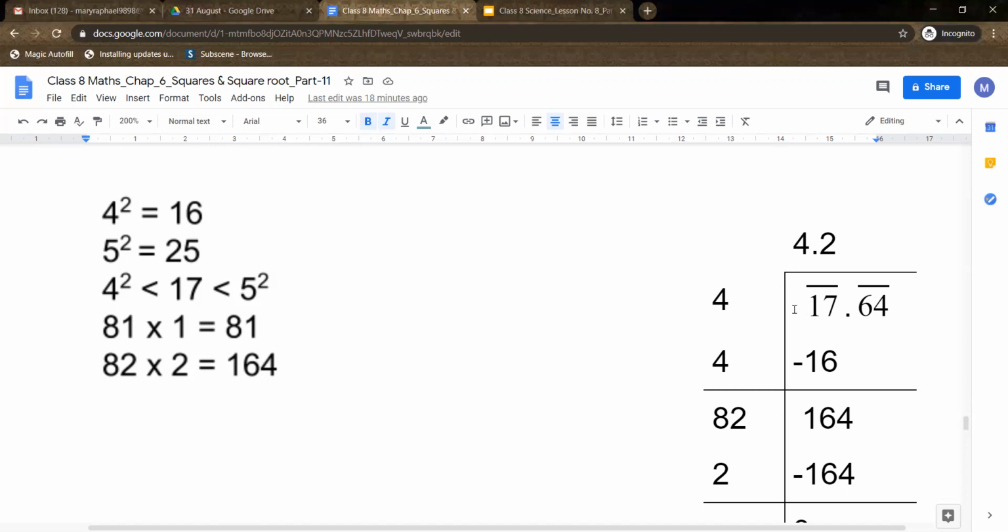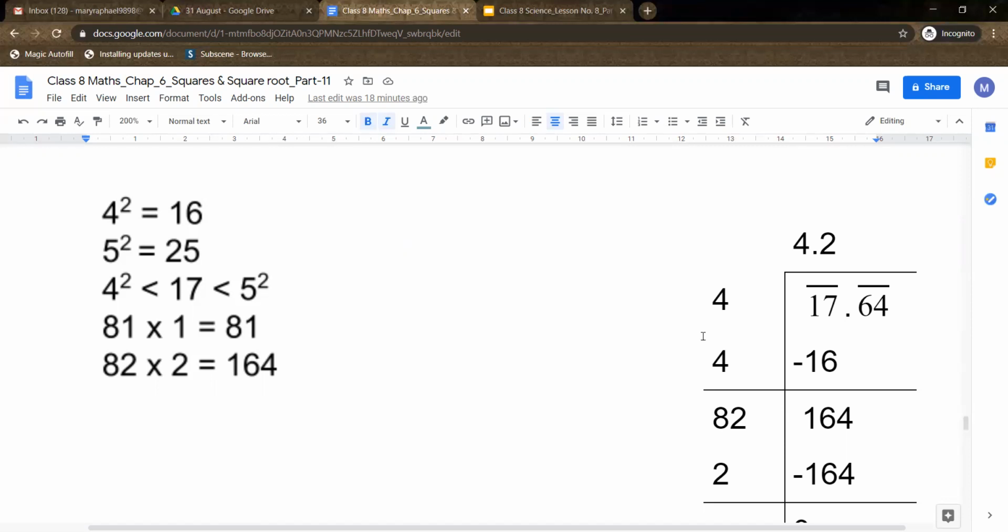We know that 17 is not a perfect square. So 4 square is 16, 5 square is 25, which is greater than 17. We cannot take that. So which is the suitable one? 4 square equal to 16.